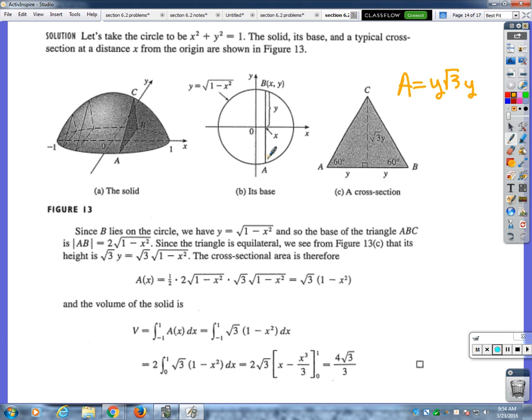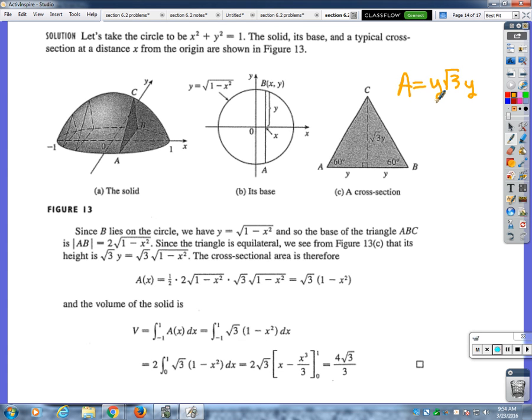This base right here is going to be different from this base right here, which would be different from that base right there. So the way that base is defined, again, is by this equation right here. So y is equal to the square root of 1 minus x squared. So you plug that in there for y.